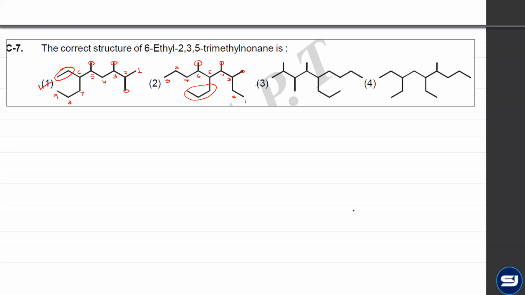If there are two longest chains of the same carbon atoms, then you will select that chain which has the max number of substituents. Suppose in a 7 carbon chain 5 substituents are coming and in another 7 carbon chain 4 are coming, then your correct chain will be the one having the max number of substituents. So there is the max substituent rule which is to be applied.